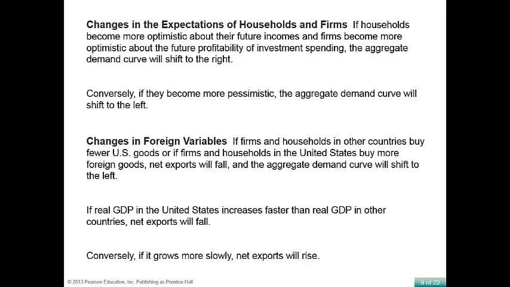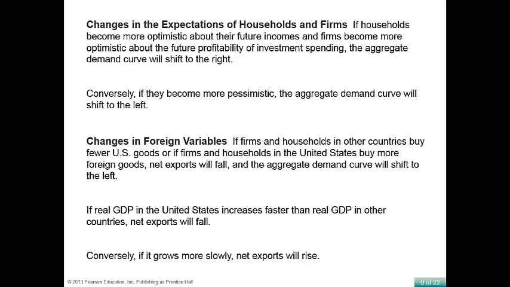So if foreign firms or households are buying fewer U.S. goods, or if U.S. households are buying more imported goods and services, then the aggregate demand curve will shift to the left. What drives these changes? The foreign exchange rate of one country's currency versus the other will drive it. Foreign tastes and preferences and foreign income levels will drive exports and imports.